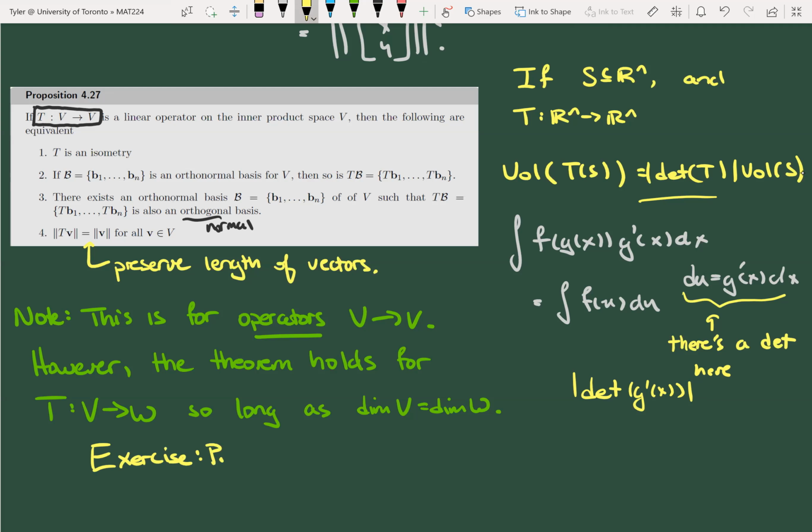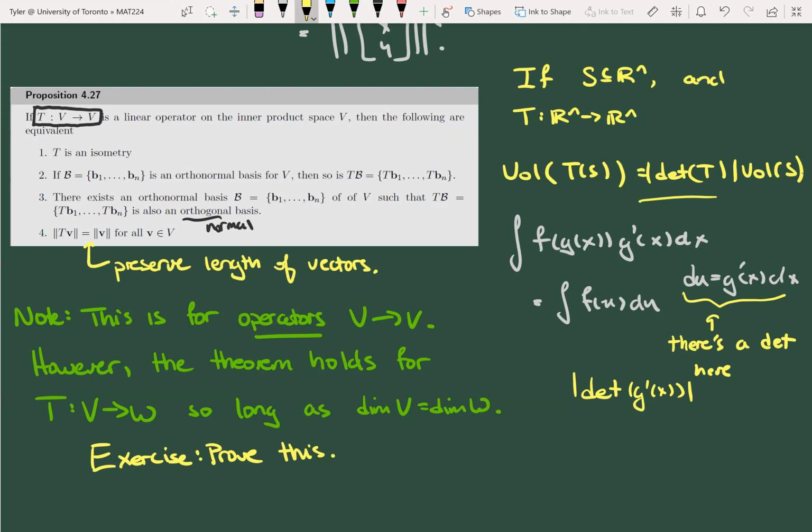So let's say prove this. This is good practice. I want you to restate proposition 4.27, but now change the codomain to being an arbitrary inner product space of the same dimension as the domain, and reprove the theorem.